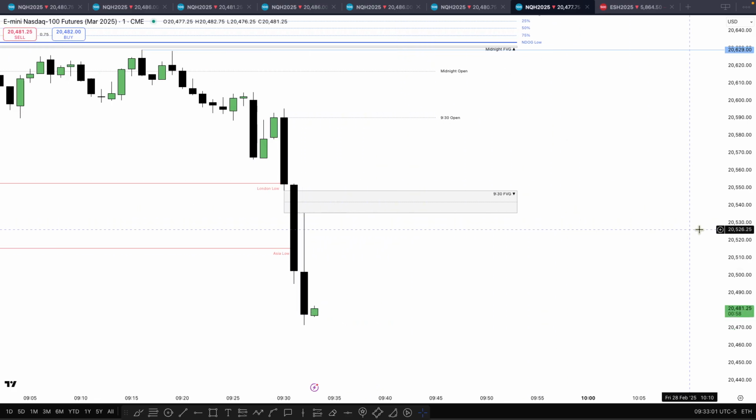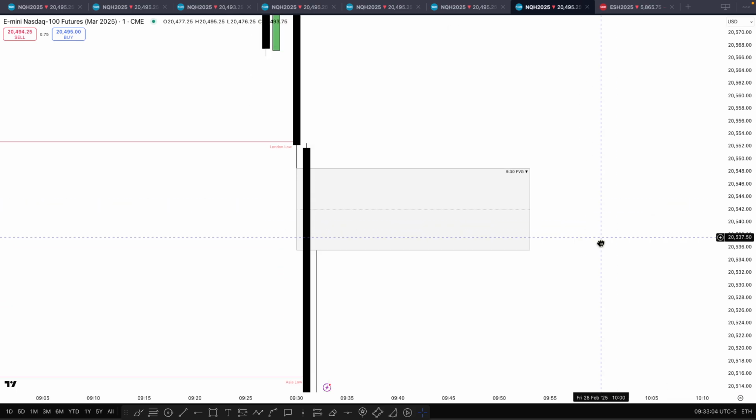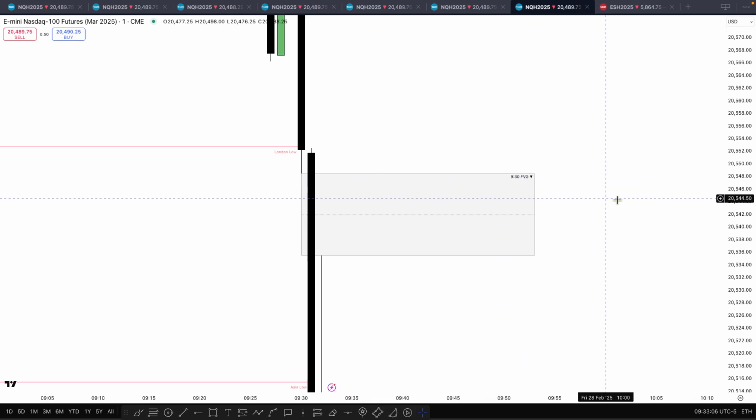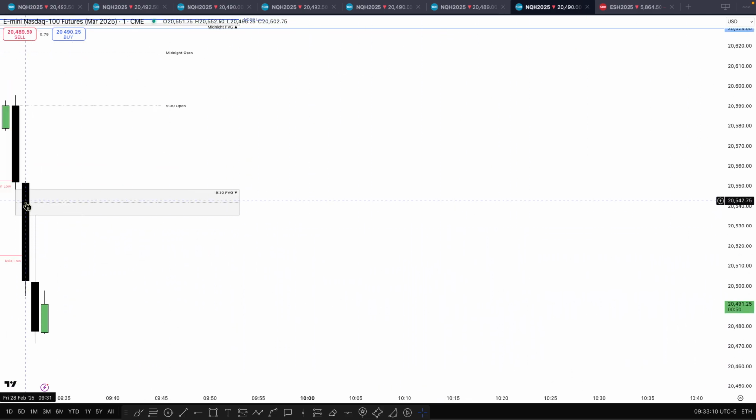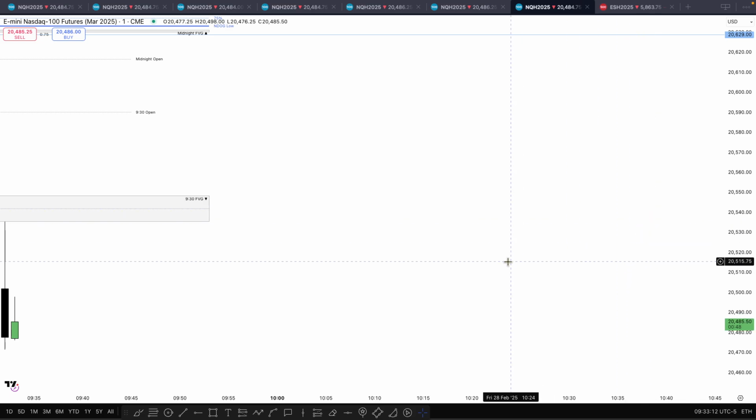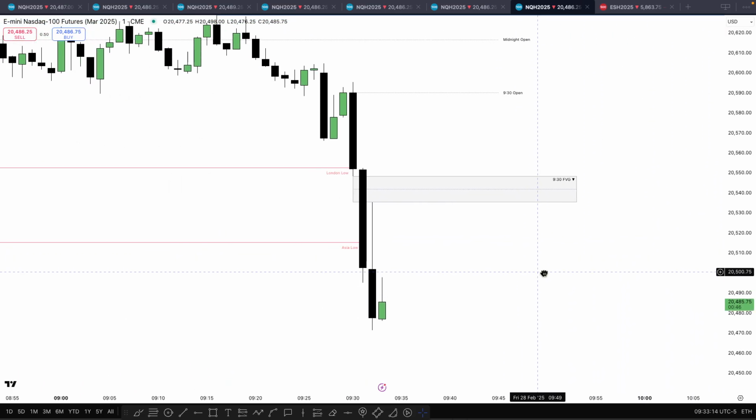So that just formed. And again, like the midnight fair value gap, as you can see, it's a SIBI obviously, so it has this little down arrow. So if we drag this out later in the day and we can't see the actual SIBI here, it just adds a little more context for us.